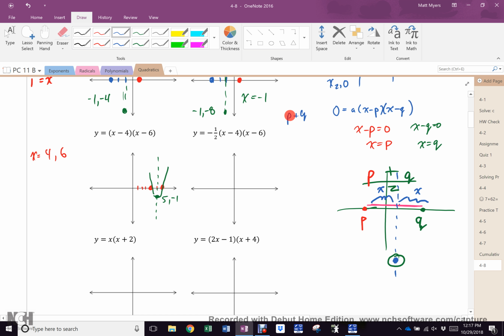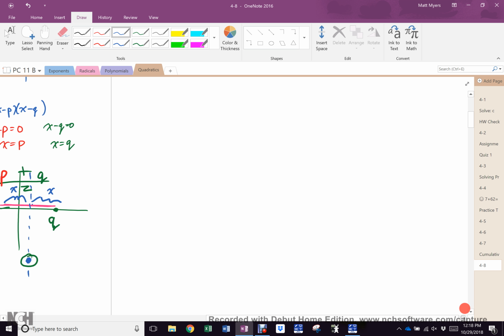It says P. That is P. That is Q. 4 plus 6 is 10 over 2 is 5. You have to be careful with what is subtraction and what is negative and what those terms mean. And it messes kids up all the time.